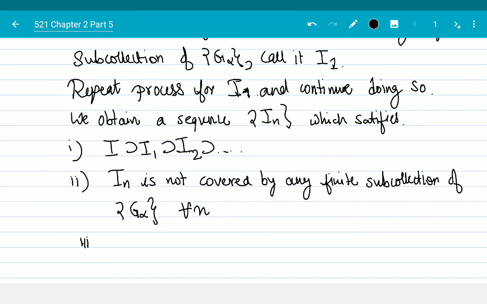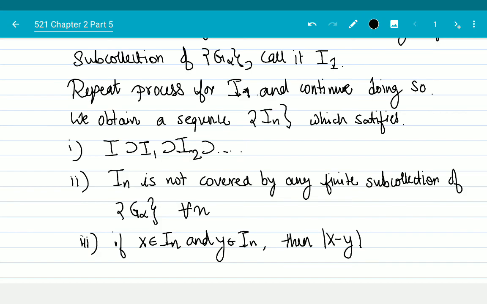And third, this is very slightly possibly harder to believe. If x belongs to IN and y belongs to IN, then the size of x minus y is at most 2 to the minus n delta.